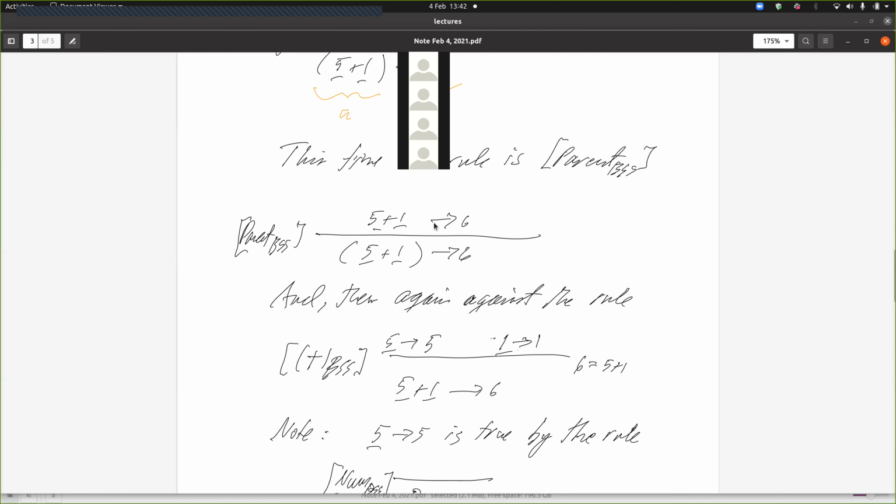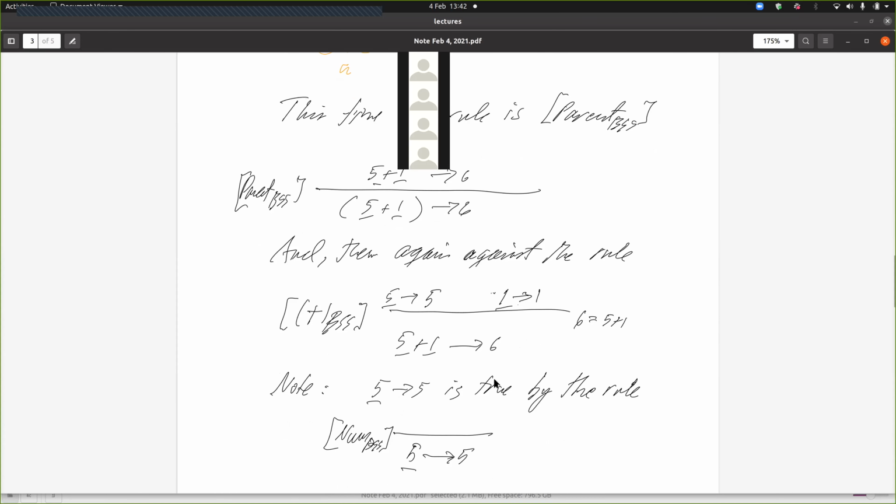So we get to here, but we still don't have something. Now we need to look at this thing and say, here's my a: numeral 5 plus numeral 1. The rule that applies is the rule for addition. The rule for addition says go up here for the left subtree, which is the numeral 5, and write down a branch for the right subtree, which is the numeral 1.